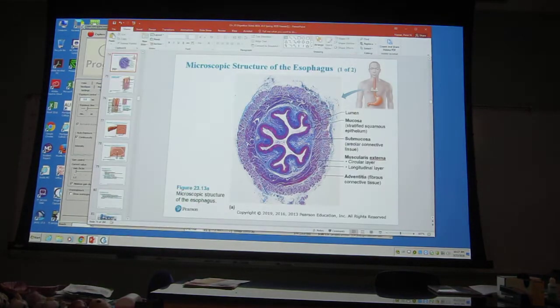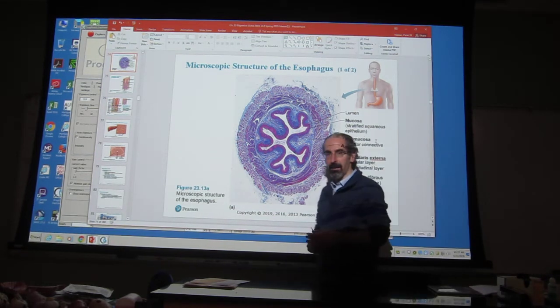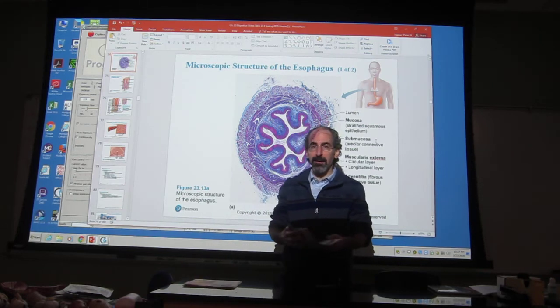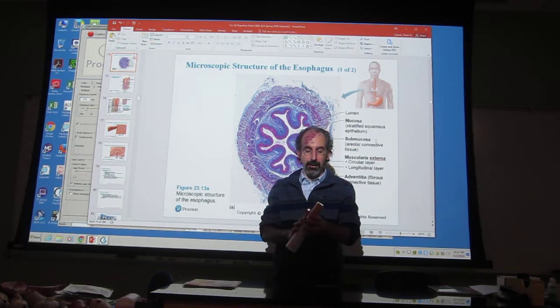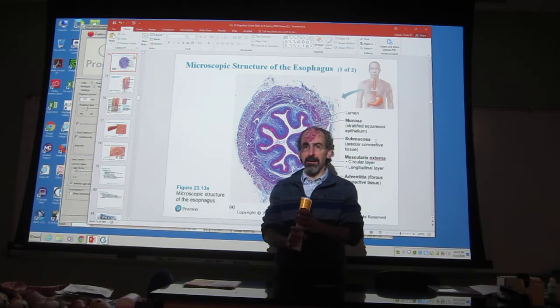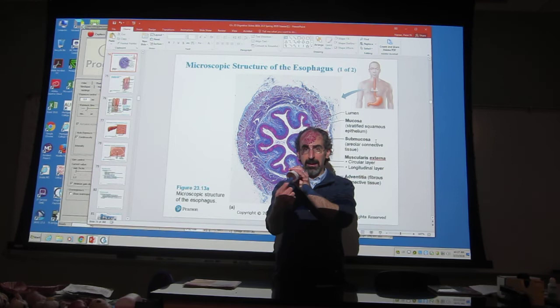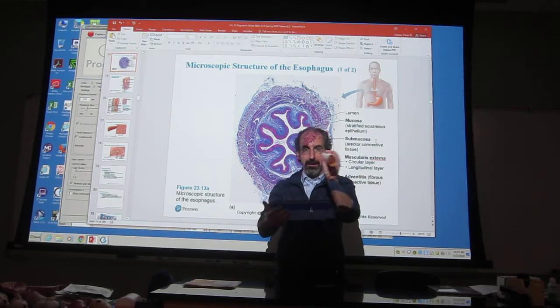With the esophagus, what we're going to be looking at is essentially a tube. Keep in mind, when you're looking at these slides, the GI tract is basically a tube, so when they take sections of it, sometimes in your microscope you're going to see a circular structure with a lumen inside, like a cross-section of this piece of paper.